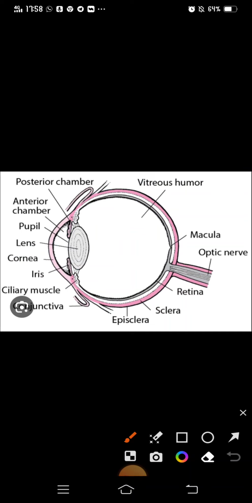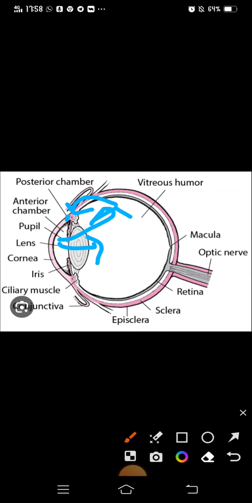But here secondary glaucoma occurs, which means glaucoma which occurs after bacterial corneal ulcer. Why does it happen? Whenever infiltrative cells come in the anterior chamber, they block the iridocorneal angle, and in this angle, the aqueous humor that is present here is drained through the canal of Schlemm and so on.